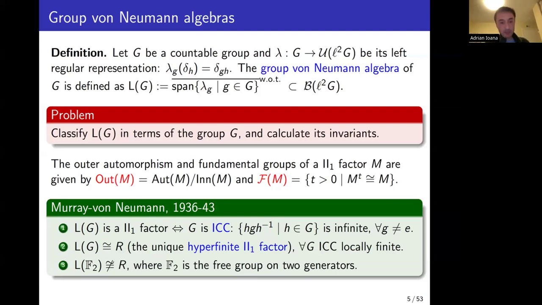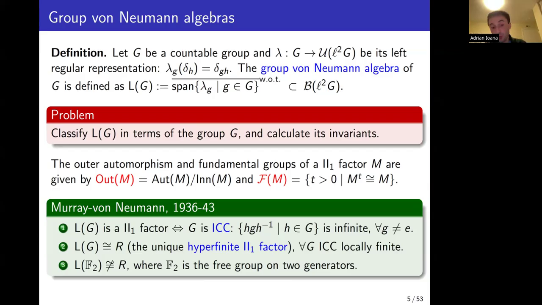First, they showed that L of G is a factor, a II_1 factor, meaning that L of G is a simple von Neumann algebra that admits a trace and is infinite dimensional, if and only if the group G is ICC. This stands for infinite conjugacy class, and means that the conjugacy class of every non-trivial element of G is infinite. So that's a very easy characterization of factoriality.